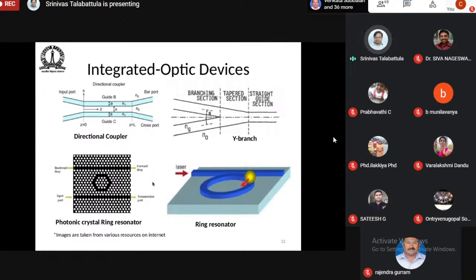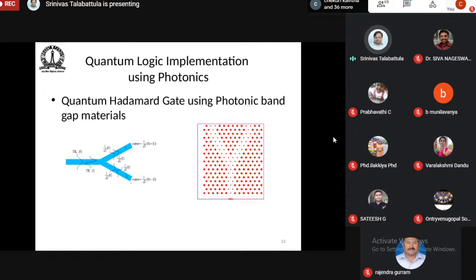So just as an example, a Hadamard gate implementation using optical waveguides, representing |0> and |1> in this way. So at a point, at the input port, you can say that the photon is in a superposition of the |0> and |1> ports. And in the case of fiber, they are independent.